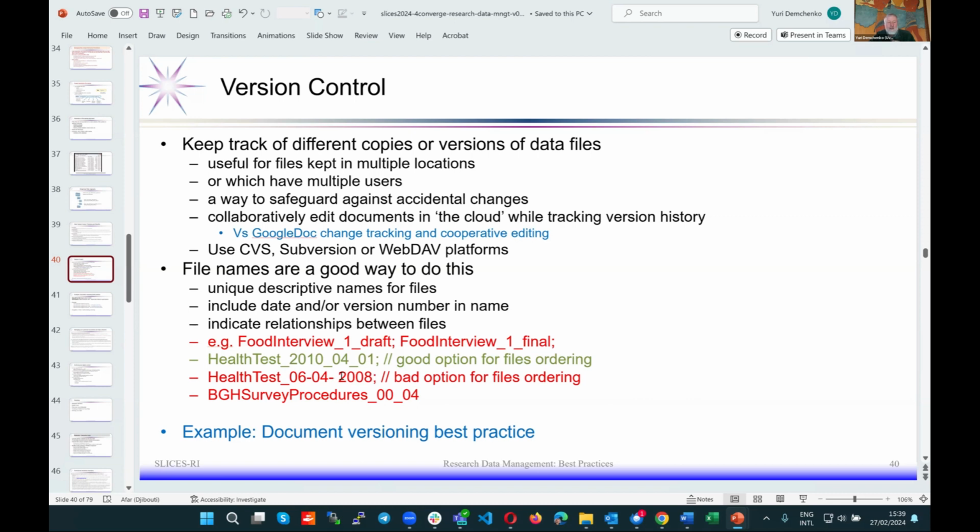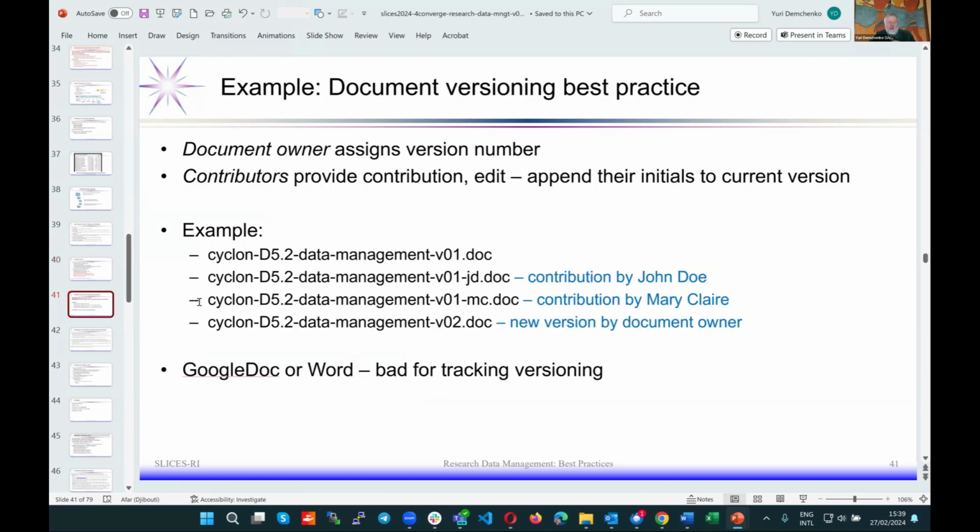Another piece of advice on personal data management is how you manage the document version when you edit the same document by a group of people. For this purpose, we introduce a concept of data owner who changes the main version of the data or file.